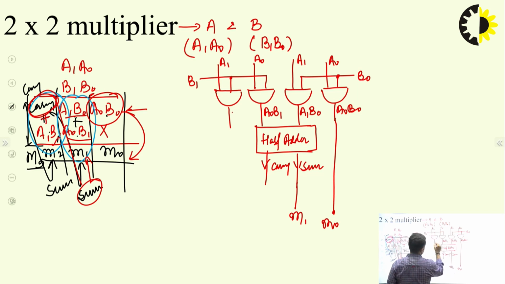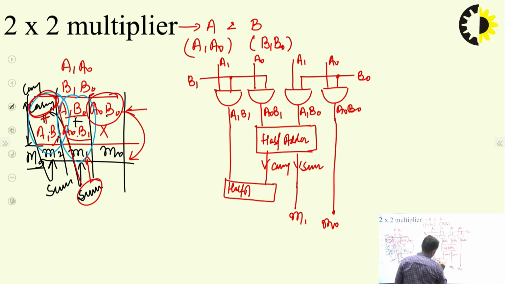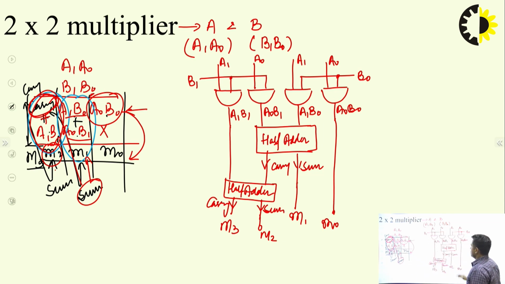So A1 B1 is there, and this is the carry. That means these two things again need to be added using another half adder. Again there will be a sum and a carry. This sum becomes M2 and the carry becomes M3. So this is a 2 cross 2 multiplier.